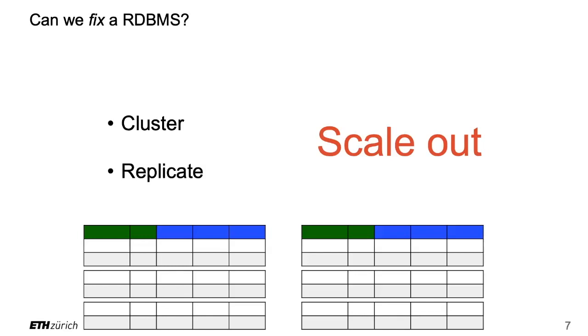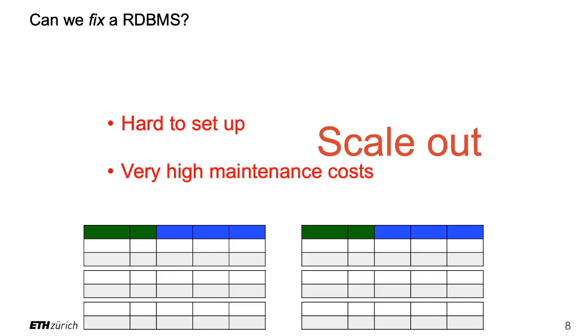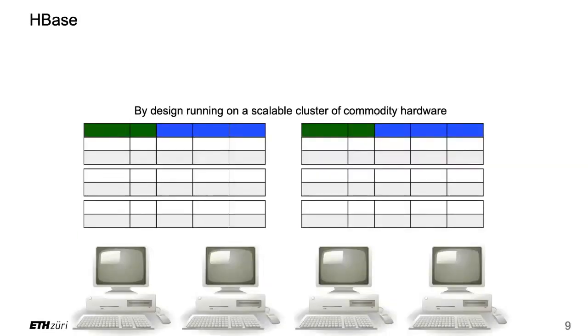So at some point, it started hitting the limits in terms of engineering costs, right? So it's very hard to set up, and you cannot do that forever. However, doing that gave first ideas. For example, the idea of sharding, the idea of replicating, that actually already started appearing there.